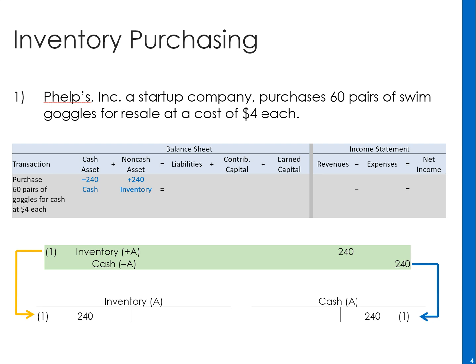And if we have to pay the shipping cost, depending on the contract, if we have to pay transportation cost, it also increases the cost of inventory. So we debit inventories, for example $20 shipping cost, and credit cash $20.